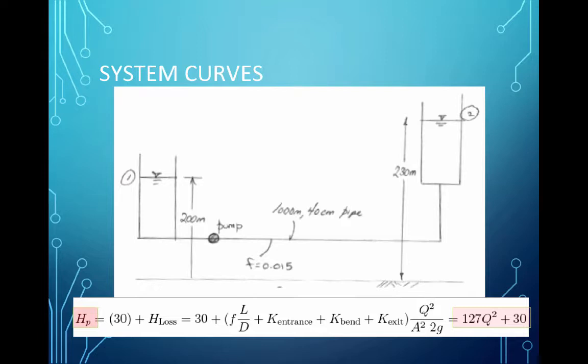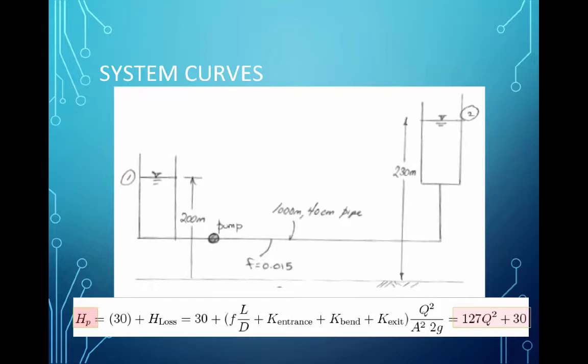And if I go up on the internet and look up the entrance, bend, and exit coefficients, for the entrance I get a coefficient of 0.5. For the exit coefficient on the right, I get 1.0, exiting in the bottom of that reservoir. And for this bend right here, I chose 0.3.